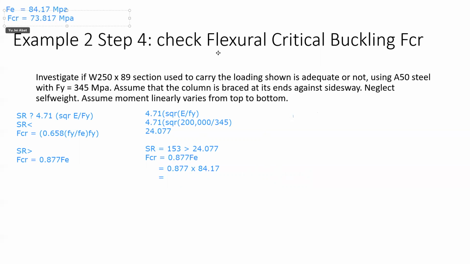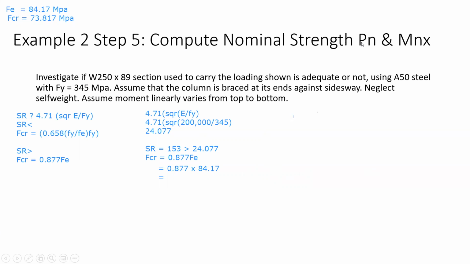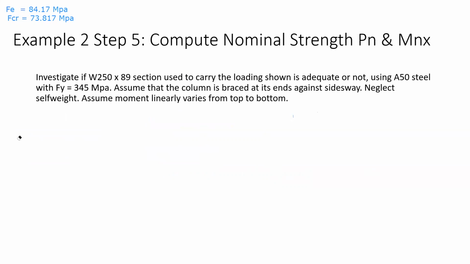Now that we know the flexural critical buckling, we go to the next step, which is to compute the nominal strengths Pn and Mn. Let's erase this one. Our Pn is the Fcr we solved earlier, times Ag.